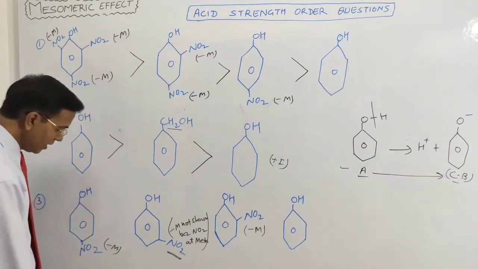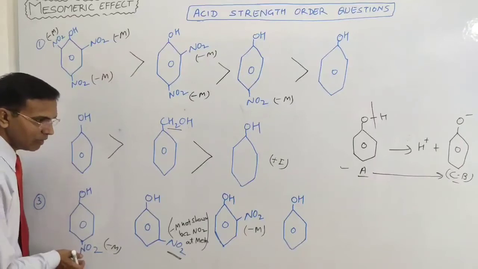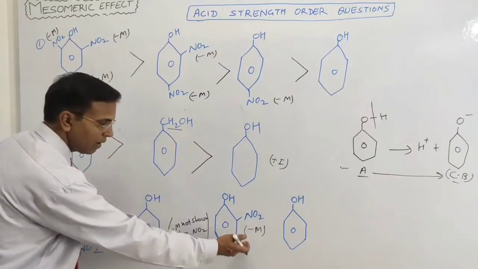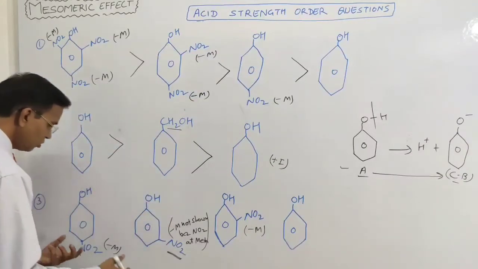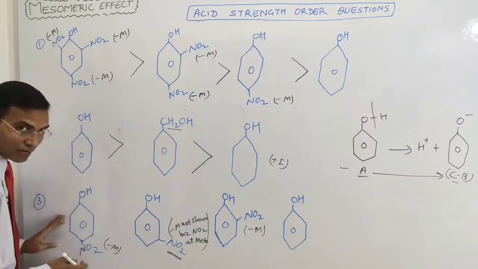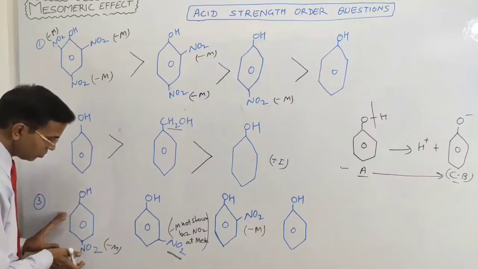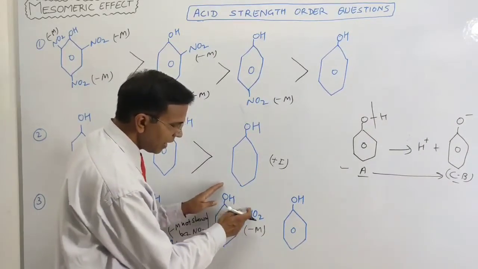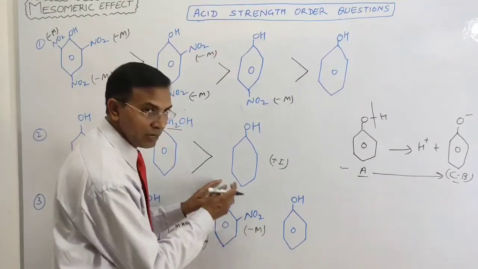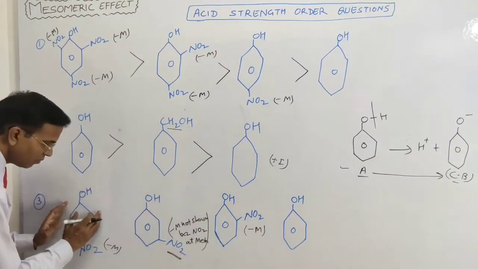So here for acid strength, the NO2 group at para and the NO2 group at ortho are minus M electron withdrawing groups, and they increase the acid strength. The minus M effect is more at the para position. In the ortho case there is intermolecular hydrogen bonding, so the para one will be more acidic.